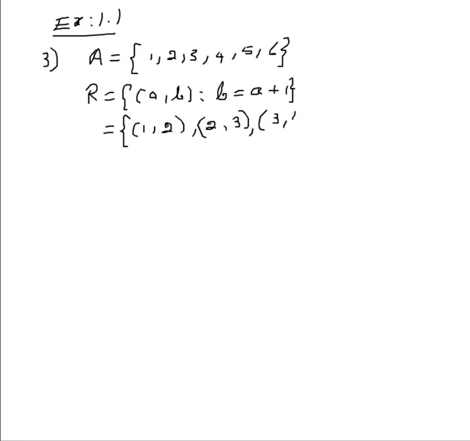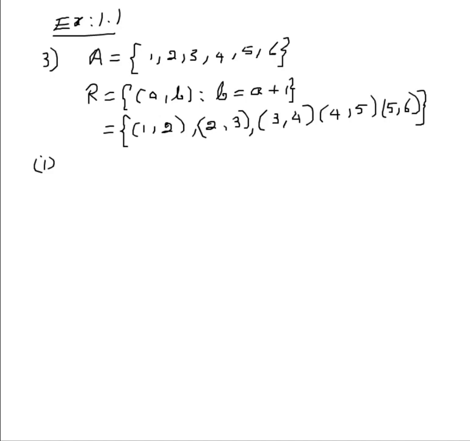If A is 3, B becomes 4. If A is 4, B is 5. And if A is 5, B is 6. And if A is 6, B becomes 7. But 7 is not there in the set, so we should not write this element.